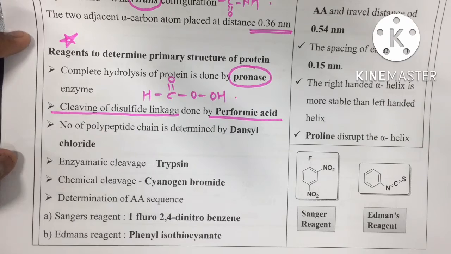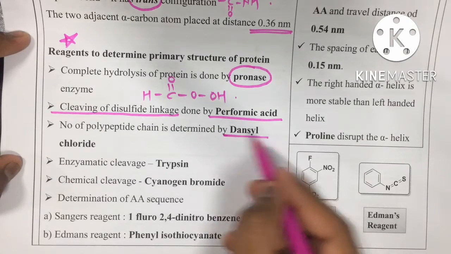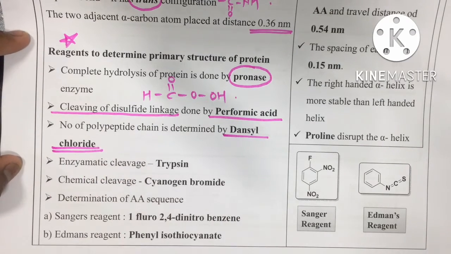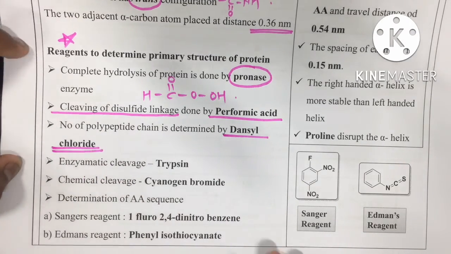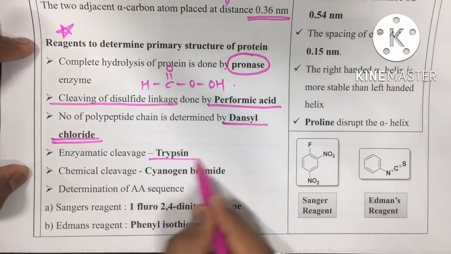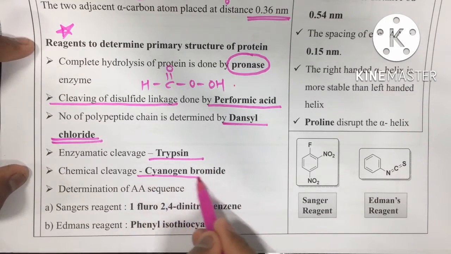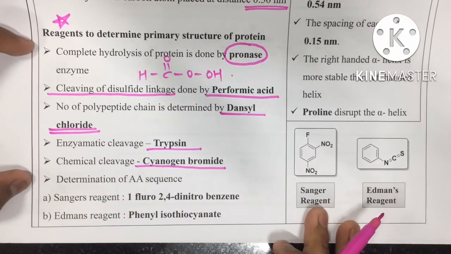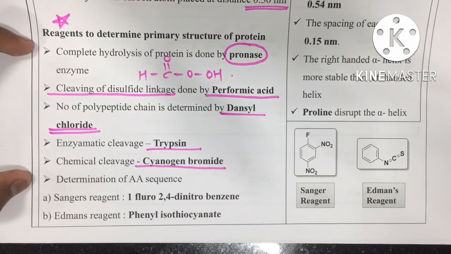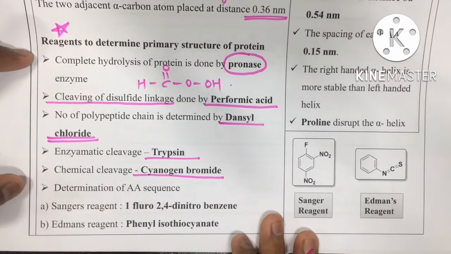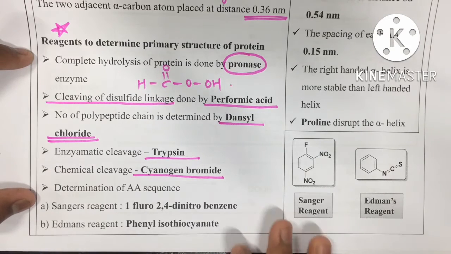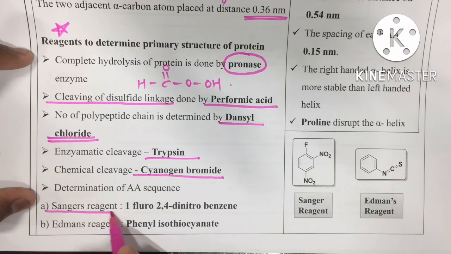Then the number of polypeptide chains is determined by dansyl chloride, right? Which chloride? Dansyl chloride. Then enzymatic cleavage is done by trypsin. Then chemical cleavage is done by cyanogen bromide. Then determination of amino acid sequence: mainly two reagents are used. The first one is Sanger's reagent, right? What is it? 1-fluoro-2,4-dinitrobenzene.